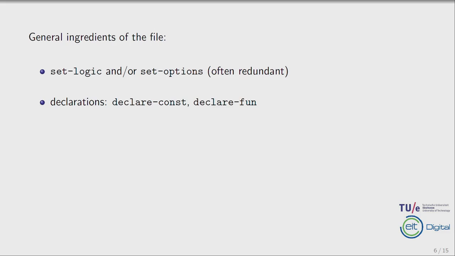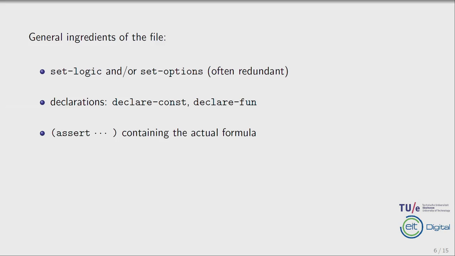The general ingredients of a file in the syntax are as follows. It starts by set-logic or set-option, where you can define which logic to use or which option to use. And most times they have a default, so they can be left away if you just want to take the default. Next you have the declarations. You can declare variables, you can declare functions, and you do that by declare-const and declare-fun.